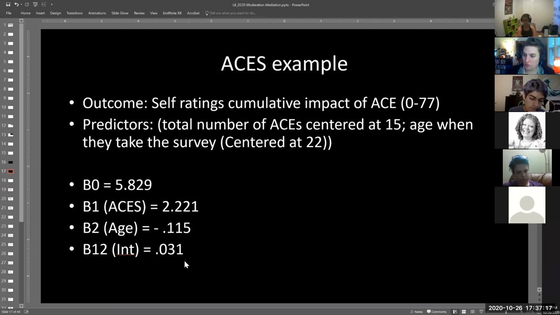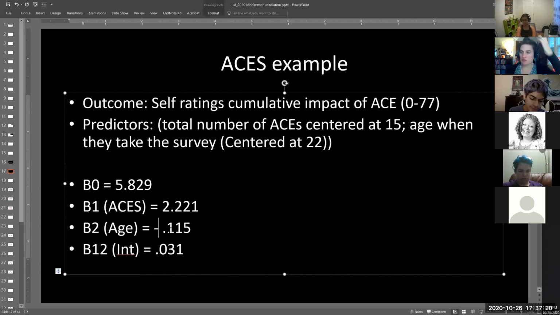Now, the question was, if we're holding age at 0, so for 22-year-olds filling out this survey, the relationship between ACEs and our outcome, the cumulative impact, is about 2. So for every additional ACE, that's another score of 2 on that impact.